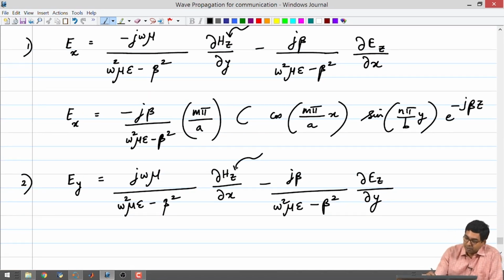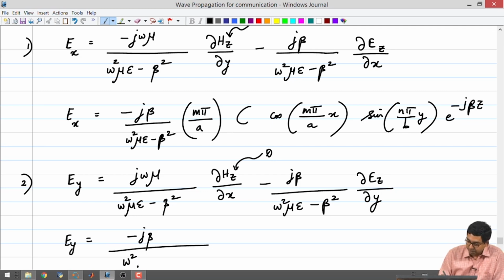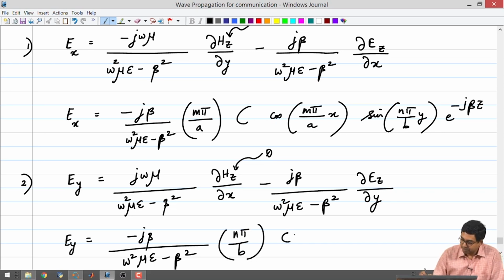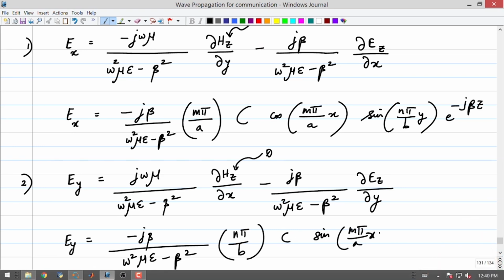So, you can get rid of this term, and then you will have to substitute for Ez. I have to take a derivative with respect to y, so I can pretty much write down what Ey would look like. It will look like minus j beta divided by omega square mu epsilon minus beta square, multiplied by n pi by b, multiplied with a constant C. So, I will have sine m pi by a into x, and then cosine n pi by b into y, e to the minus j beta z.